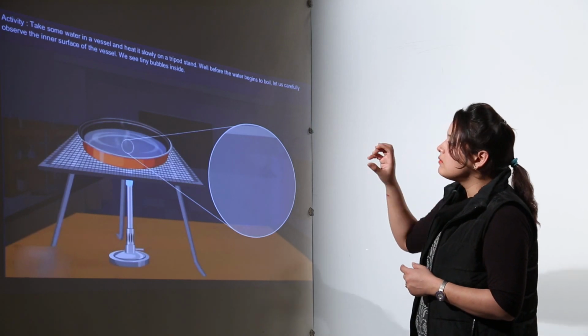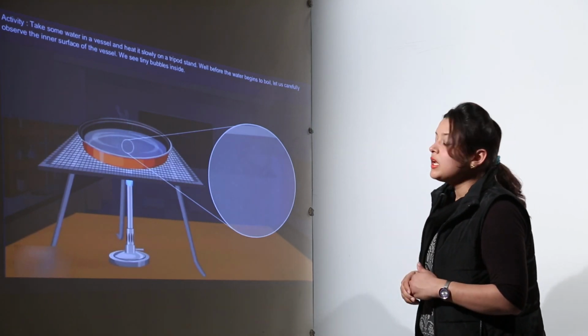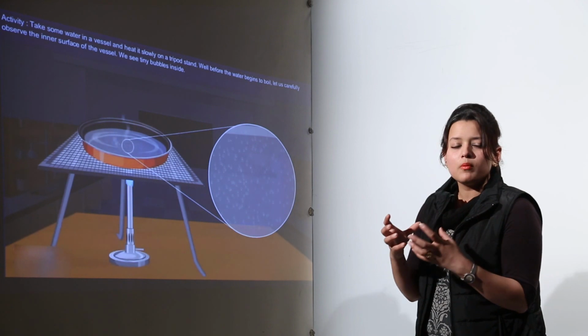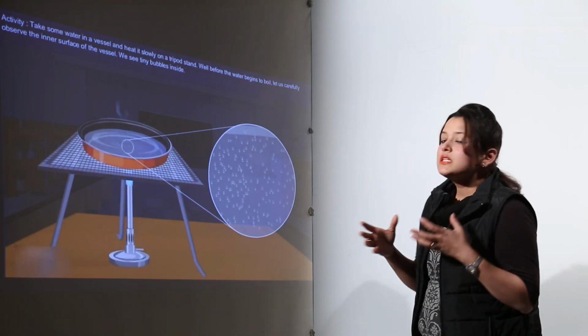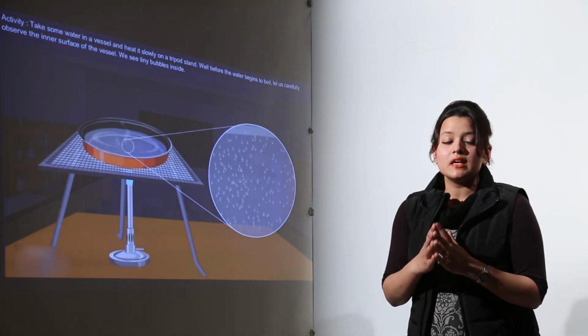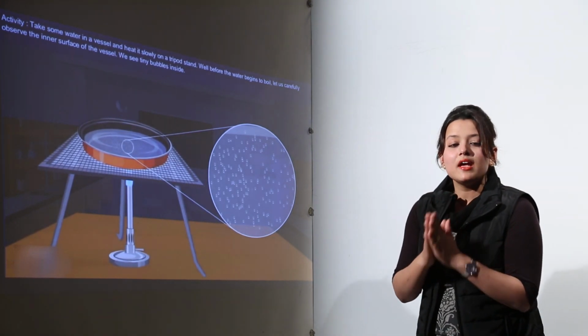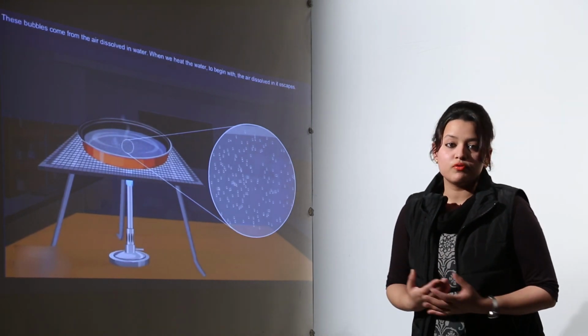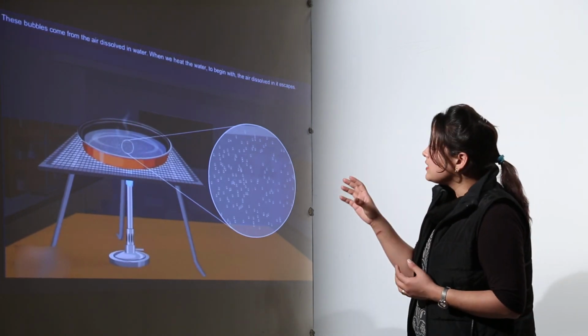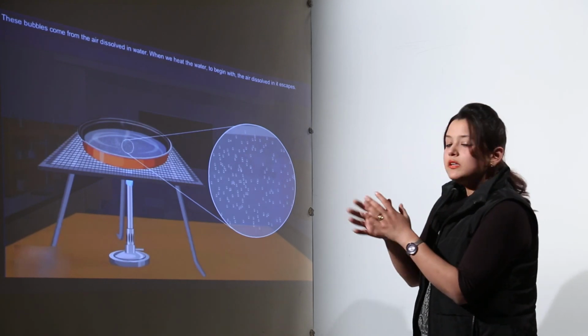On heating, before the water comes to a boil, you would find some bubbles on the inner side of the vessel like this. These bubbles show that air is always present in water in the dissolved form.